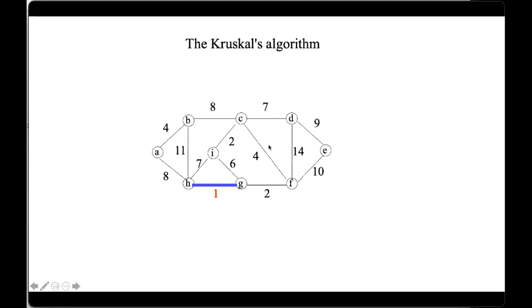So all the weights of these edges in the graph are taken and sorted in ascending order. That is, in this graph, weight 1, 2, and then 4. So it will be sorted in ascending order. That is the first step in Kruskal's algorithm.